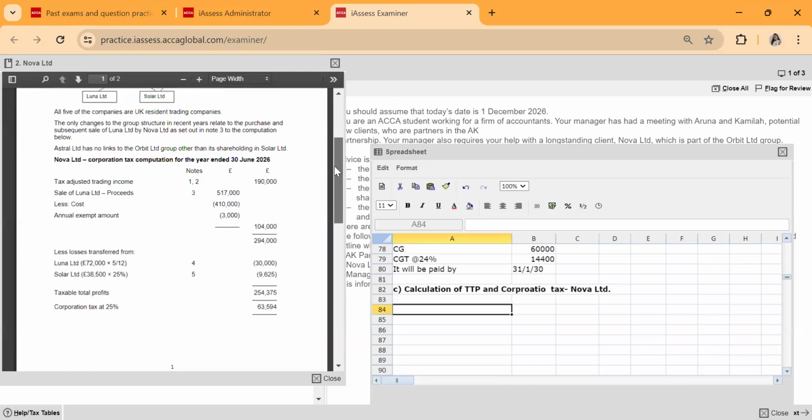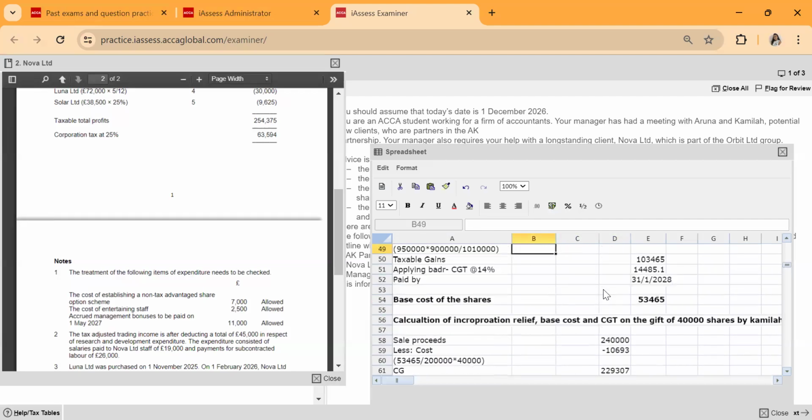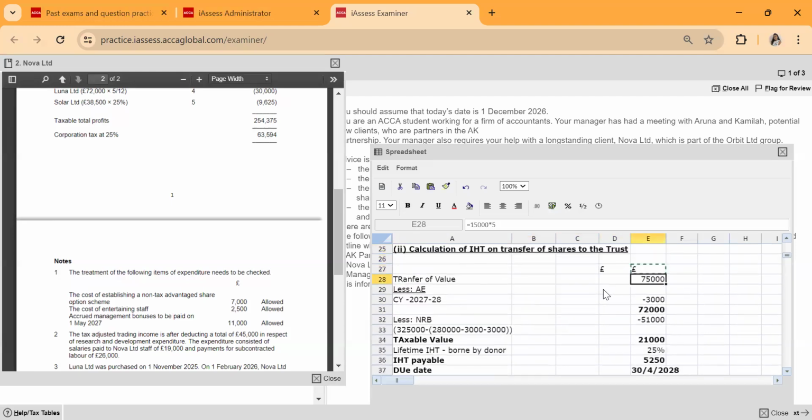First is tax adjusted trading income. I can just copy it.